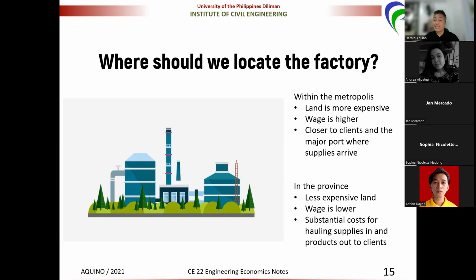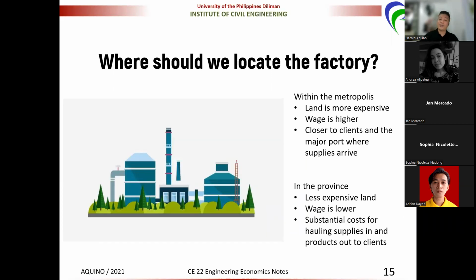Wage is higher in the metro versus in the province, although I should say that this is not a very good practice that we have substantially higher wage in the metros compared to provincial rates, kasi it drives people away from, actually it tends to encourage people to migrate from where they are to the metro, also causing urban influx.